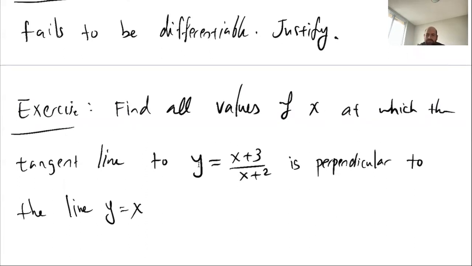All values of x such that the tangent line at this point is perpendicular to y equals x.